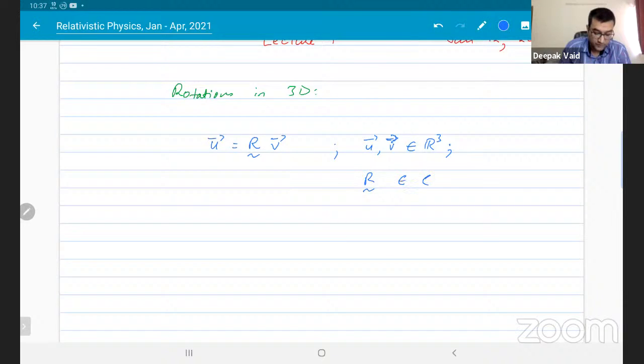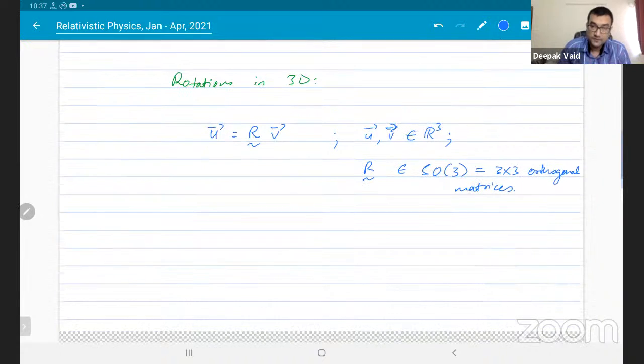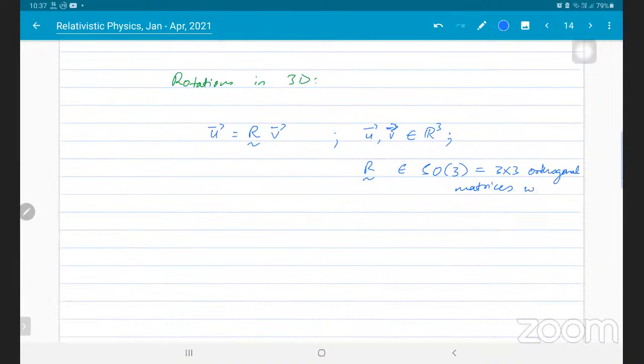So it's an element of SO3. SO3 is the group of 3 by 3 orthogonal matrices with unit determinant.